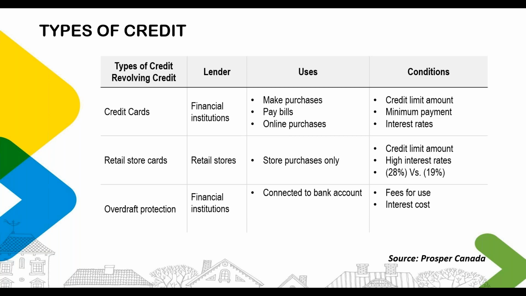They're not secured by collateral. So it means that you've gotten this loan on a card that is not attached to any collateral. So you don't have to use your house in order to get a credit card. You simply need to go to the bank and apply for the credit card.